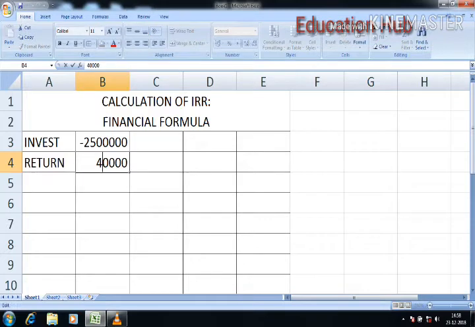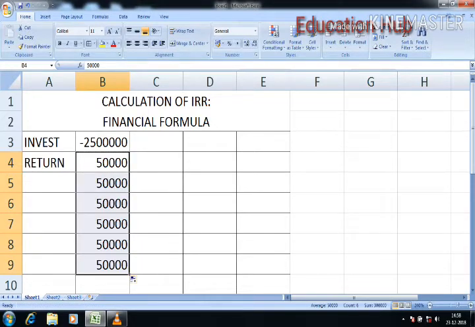Say this is 6 years, 40,000 or 50,000, whatever. Now see here, only 50,000 six times we are getting. That means 3 lakhs. So the ratio shouldn't come. I am showing the wrong thing at first.